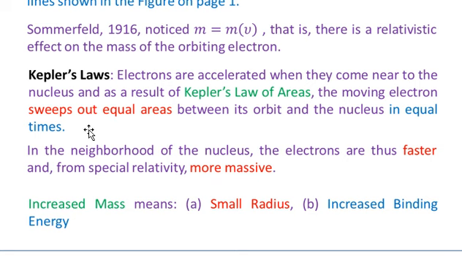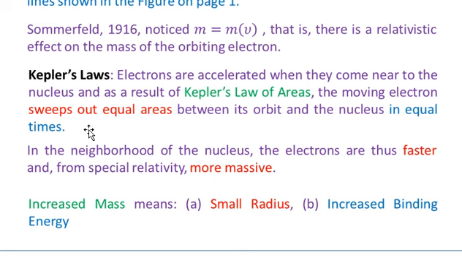And this Kepler's law of areas is applicable to gravitational objects. But here, Sommerfeld extended Kepler's law of areas and applied it to the atomic case, that is, the elliptical orbits.